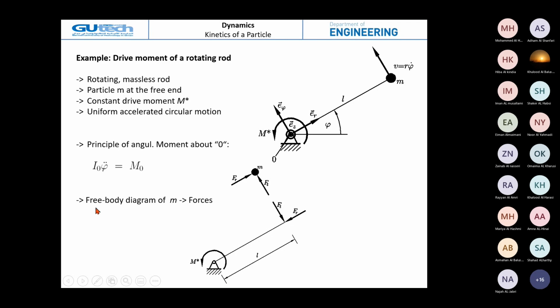Now, if we make the free body diagram of m, we get the forces. That means we cut here and make the free body diagram. If we cut, we have the force on the rod, and this force has two components: the radial one and the circumferential one.